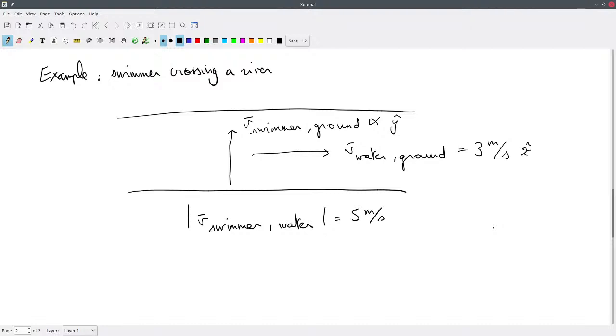So the question is now, what is going to be the angle of the swimmer with respect to the y-axis? And then the other question will be, what will be the magnitude of the velocity of the swimmer with respect to the ground?